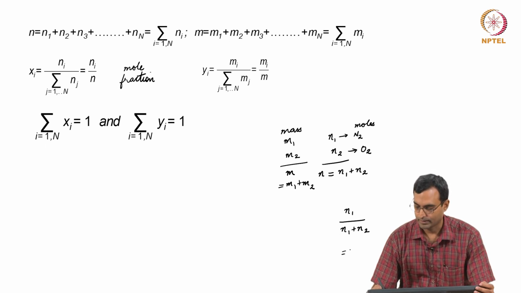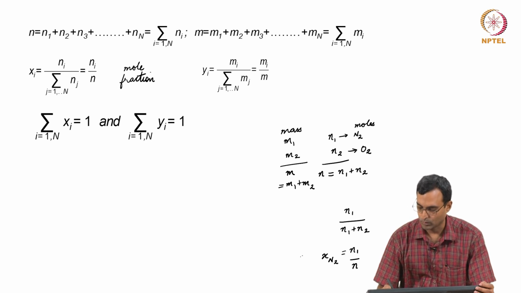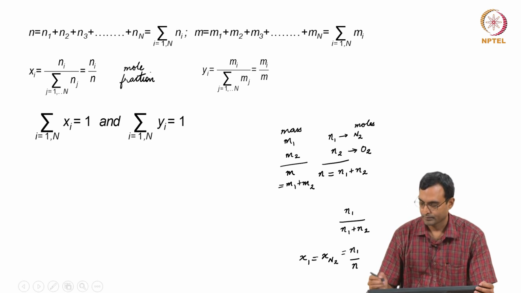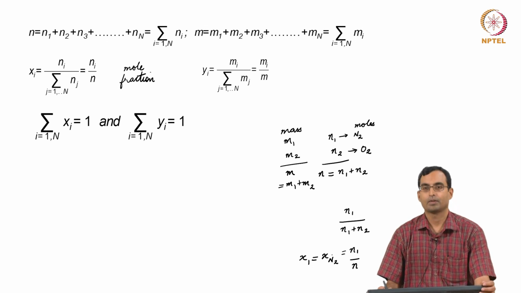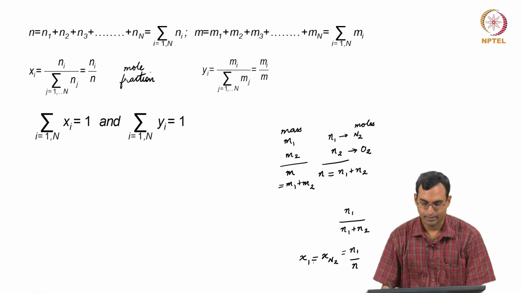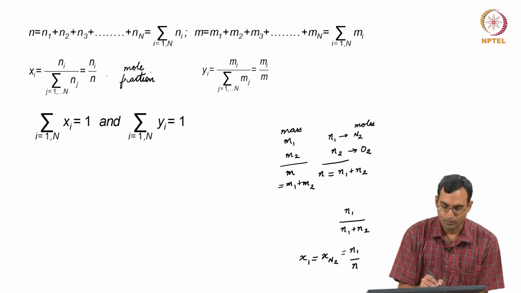So, I can write this as n1 by n. That would be the mole fraction of nitrogen, which I would normally denote as X N2, or since I am using 1 to denote nitrogen, I would also call it x1. That is given by this formula here.